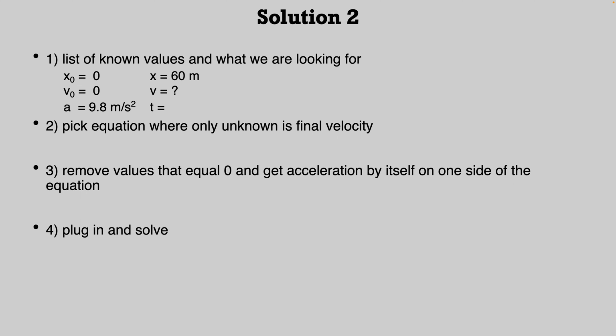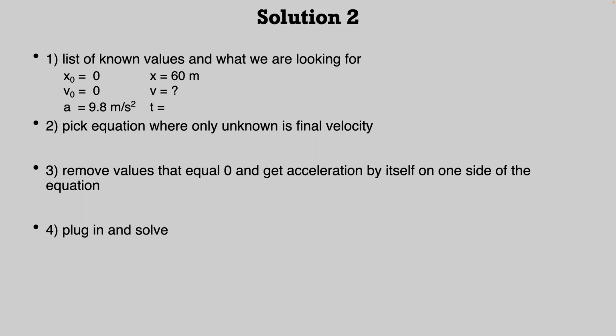We were given that the ball drops 60 meters, and since it's something being dropped, and I guess I didn't say it in the problem, but it's assumed that it's on Earth, the acceleration would be the value of gravity, which is 9.8 meters per second squared. And then we're looking for the final velocity.